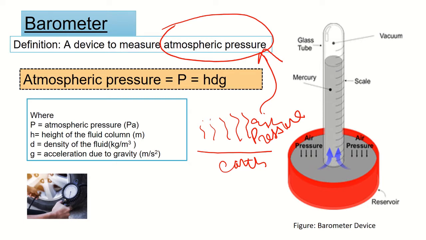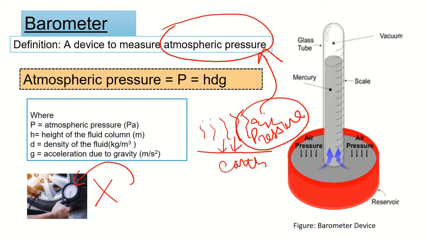Atmospheric pressure is not the pressure in the tire or in the cylinder. Atmospheric pressure means the air pressure on the earth's surface, or on anything present on the earth.